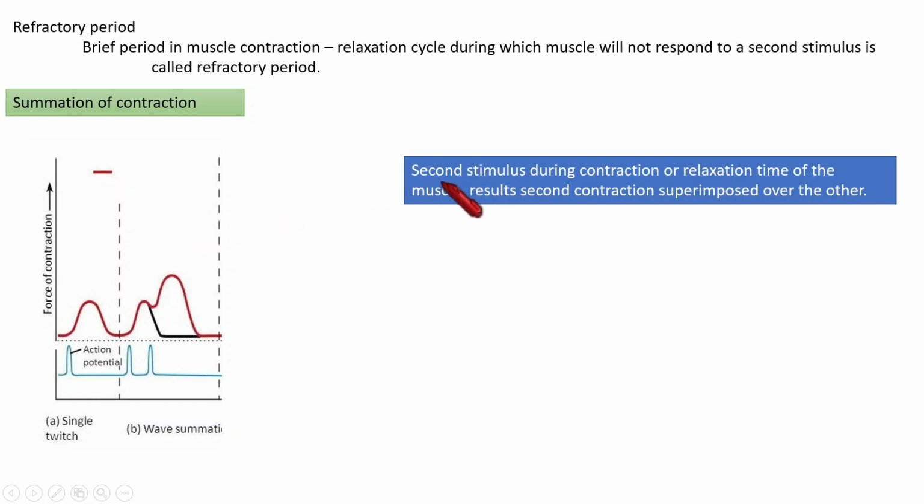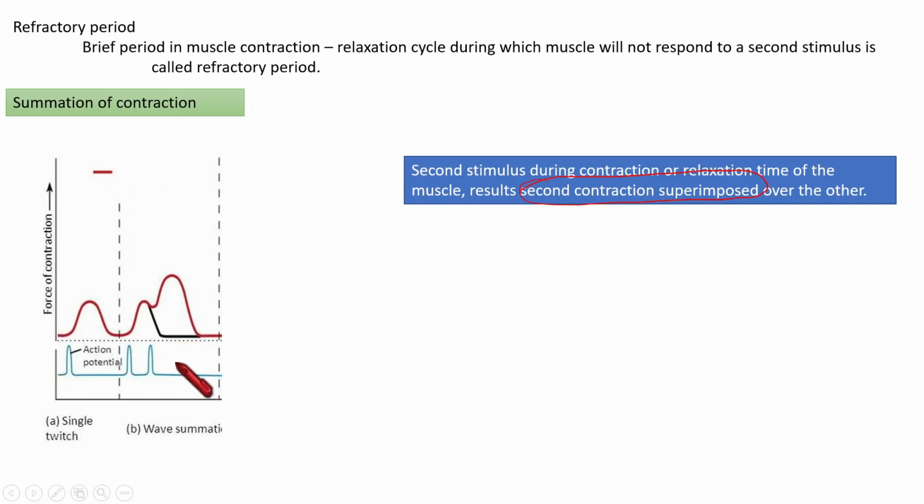So look here. A second stimulus is given either during the contraction or relaxation time of the muscle, and that will result in a second contraction superimposed over the other. So that is summation of contraction. And also one more thing we need to understand, that the application of the second stimulus is during that one contraction relaxation phase itself.